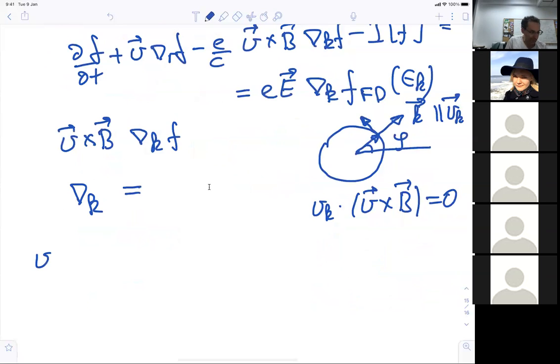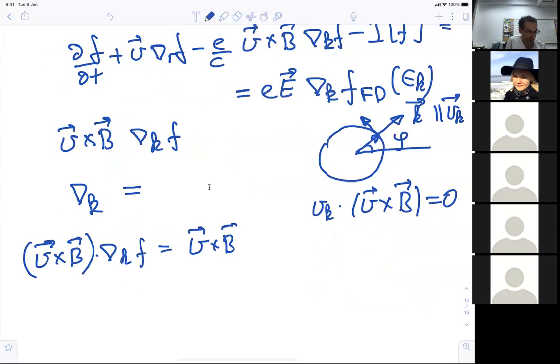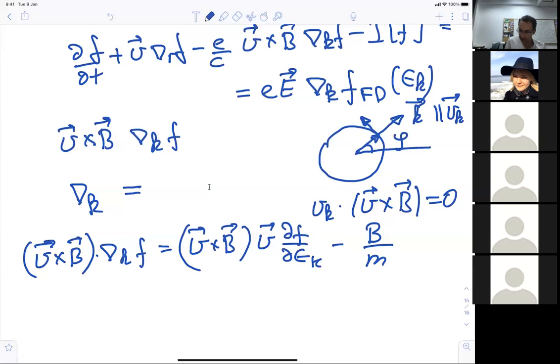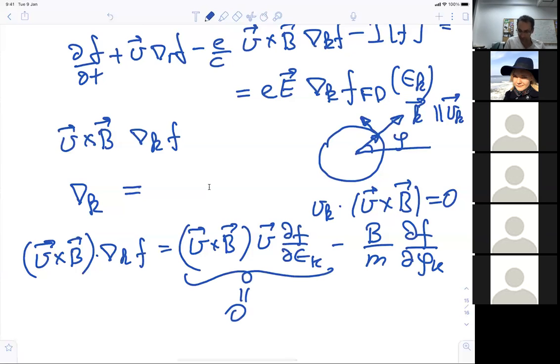So I can write v cross B gradient k acting on f. It's v cross B times df over d epsilon k minus B over m df over d phi k, and this part, as we said, is 0.